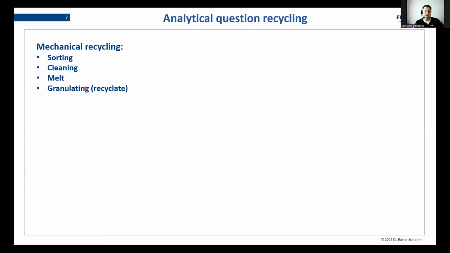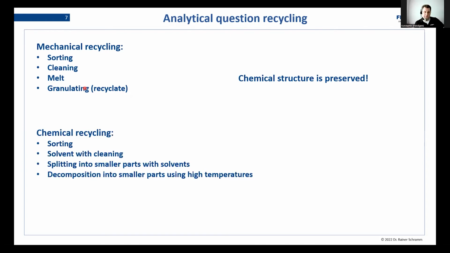This kind of recycling, which is only mechanical, doesn't change the chemistry. The whole idea is to take our plastic waste and make sure that we have a pure chemical, or a pure amount of it afterwards, to be used for the next production. And a second approach is more chemical related and involves these steps.